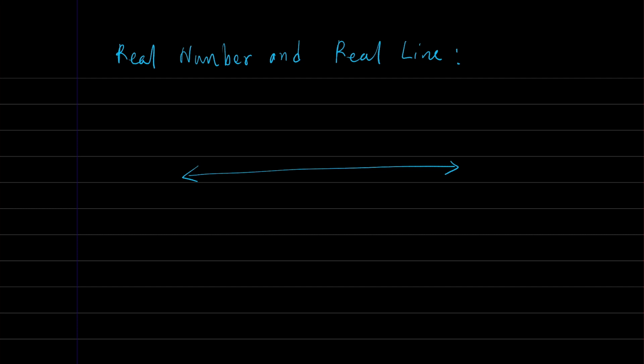So let's talk about real numbers and the real number line. In our number line, in the middle we have 0, and on the left side we have minus 1, minus 2, minus 3, and so on. In between, we have negative 1 over 2. On the right side we have positive 1, 2, 3, 4, and so on.